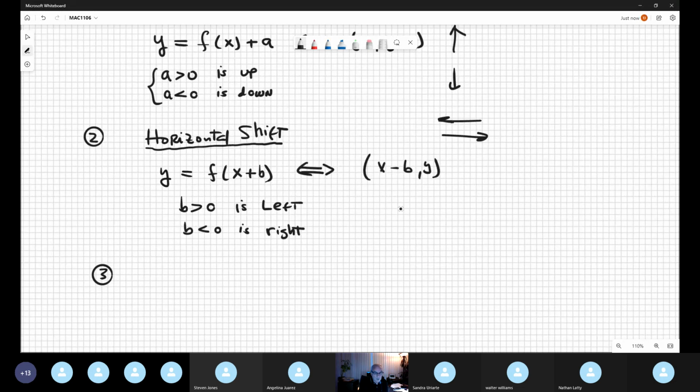Number 3 is vertical. Again, vertical means that you affect the y. Vertical stretch, compress, or reflection.